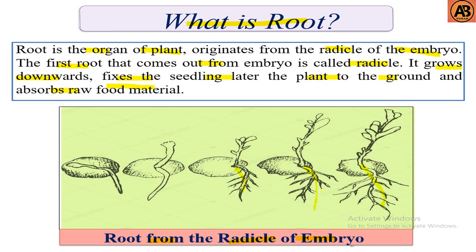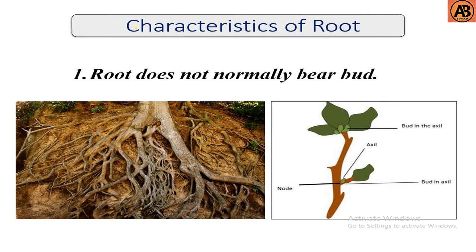Then characteristics of root. What are the characteristics? First one is root does not normally bear bud. We know that stem or branches bear lots of buds, such as we can see here, bud exile, here are bud, here bud.